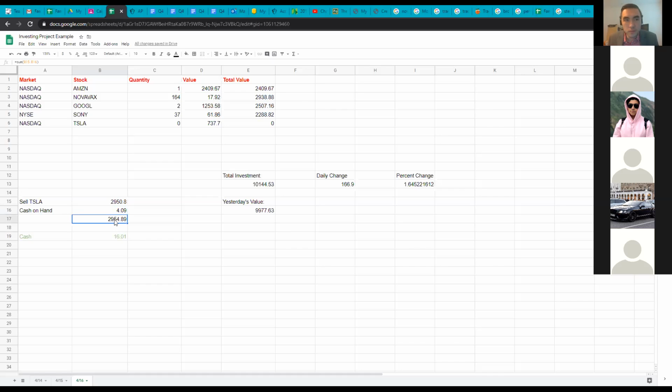Now the new stock I purchased today was 164 shares of Novavax at $17.92, and that purchase went through for $2,938.88. So all I did to generate this column was take the amount of cash I had before the purchase minus the amount I purchased these stocks for, which equals how much cash I have left over. And now I have enough money to go buy like 2 Lucky Boy burritos.